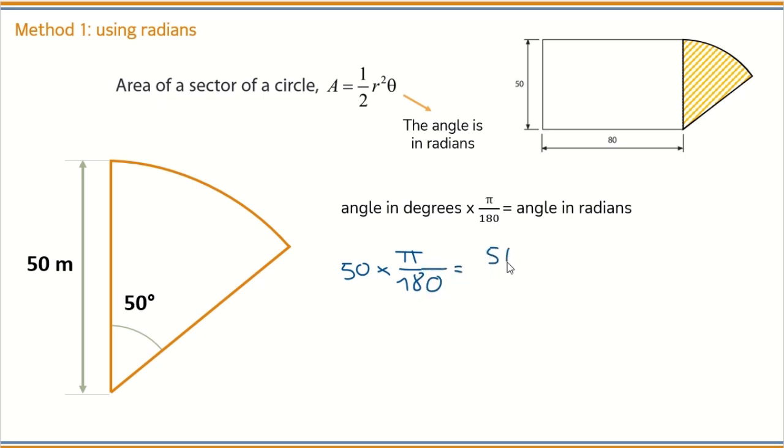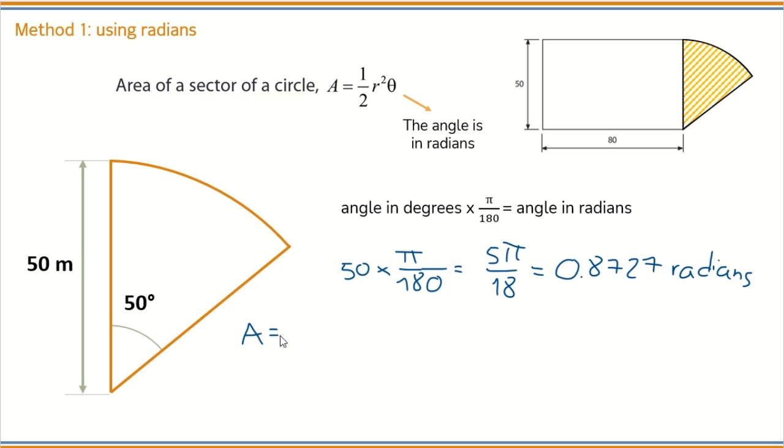This is 5 pi over 18. And this is 0.8727 radians. Remember to avoid rounding too much.